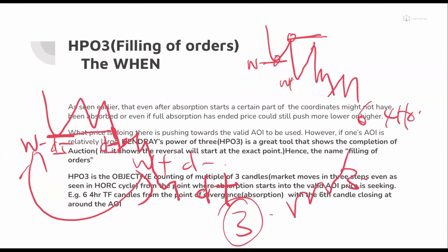Because there is no counter trend for it just yet. So that does not mean you shouldn't take the buy. So you should be able to take every trade that you want to take. No full absorption, fine. Take the continuation trade. When there is full absorption, take your reversal. It is that simple. So HPO3 is in line.